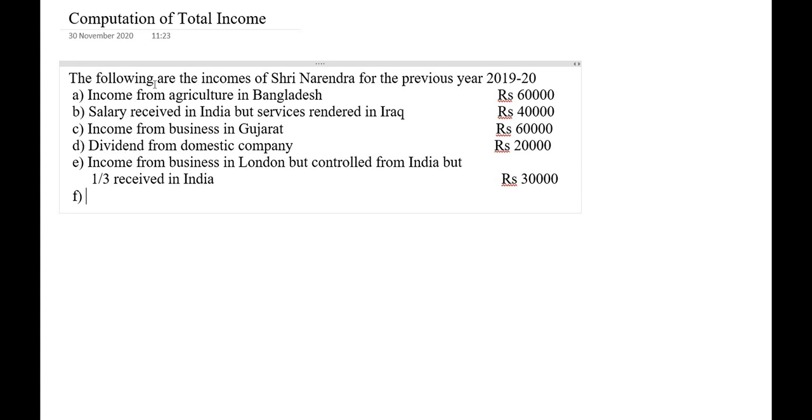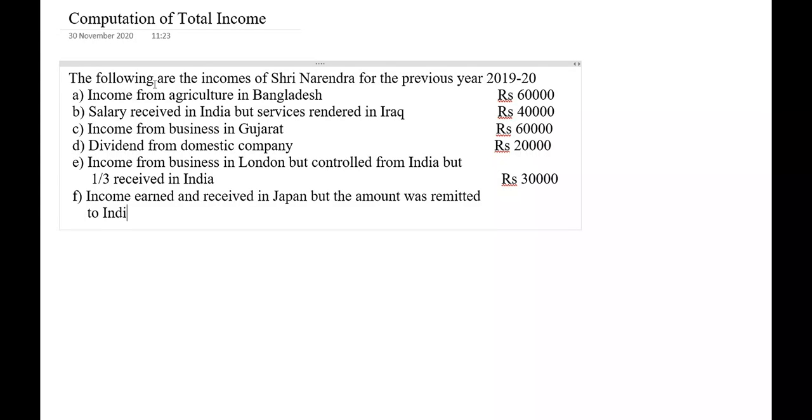F, income earned and received in Japan but the amount was remitted to India, rupees 20,000.